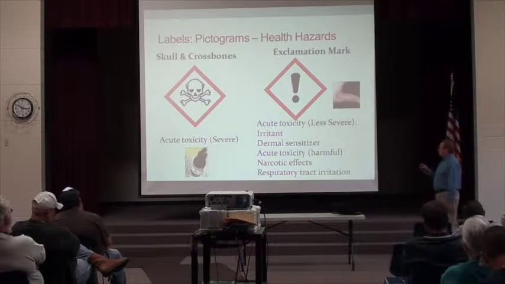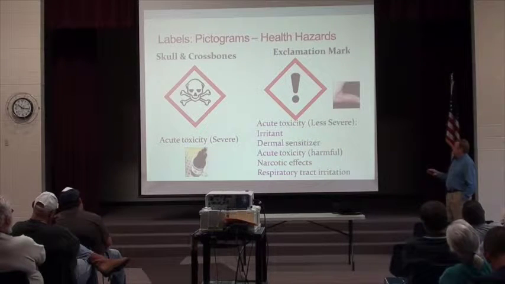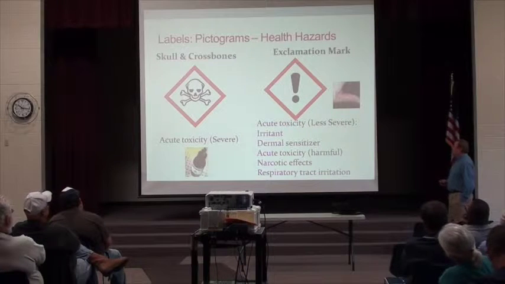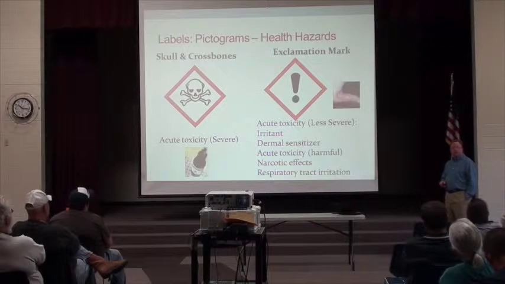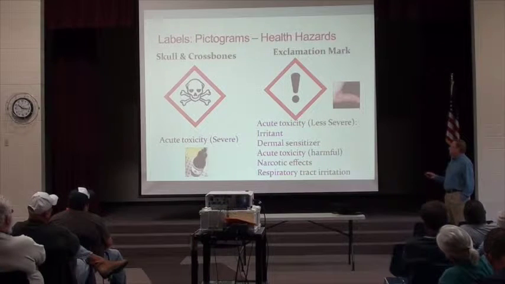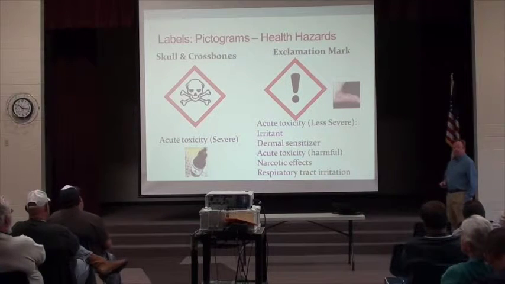This is a new one, to me anyway. For most people, I think it's probably new. It's an exclamation mark. This is a health hazard. You'll see this one used a lot. A lot of cleaning products have that symbol. It says acute toxicity, but less severe.